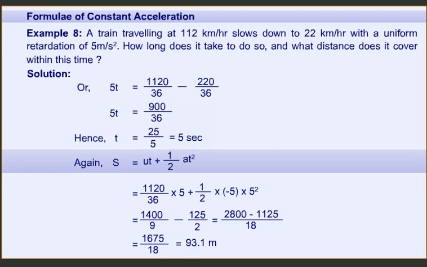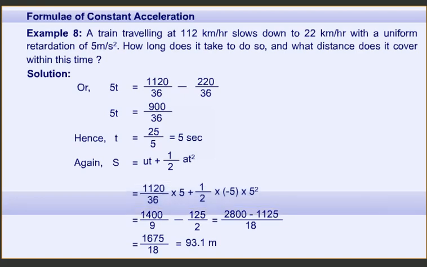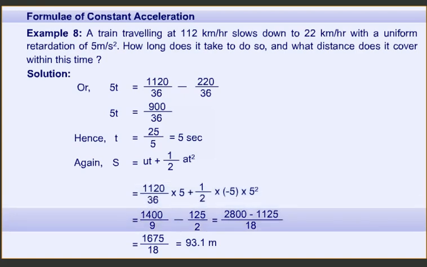Again, we have the formula S is equal to ut plus 1 by 2 at square. Now let us calculate the value of S. So we can write 1120 by 36 into 5 plus 1 by 2 into minus 5 into 5 square. This is equal to 1400 by 9 minus 125 by 2.